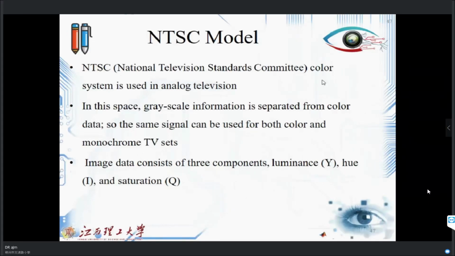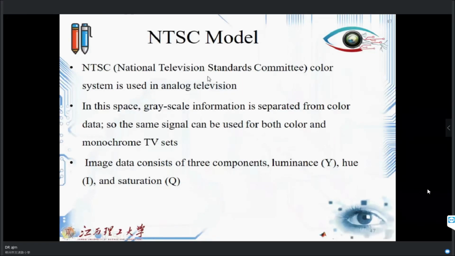Image data in this model consists of three components: luminance, which we show with Y, hue, which we show with I, and saturation, which we show with Q. Let's talk more about this model.